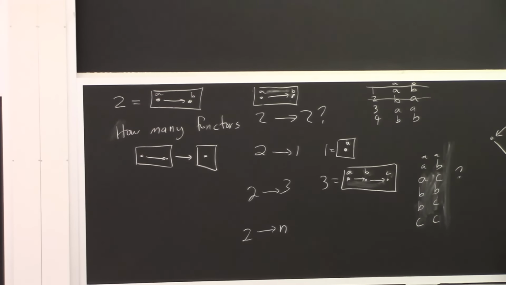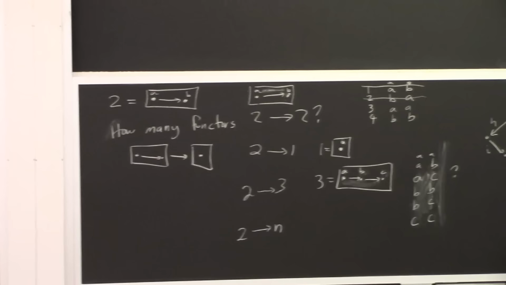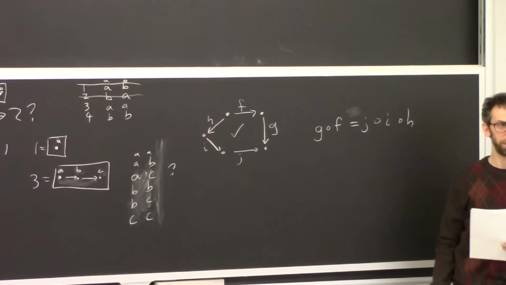When I compose them, do you get the same answer in your category? A category knows not only objects and morphisms, but how to compose. So it can ask whether F composed G is equal to H composed I composed J. And saying something commutes means that this is true. They're asking, does this commute? They're saying, is this true? And you're saying, it commutes. And I draw a little check mark there, and that means it commutes.